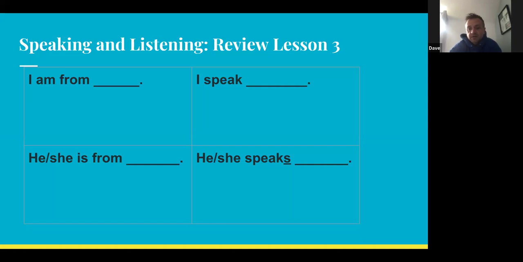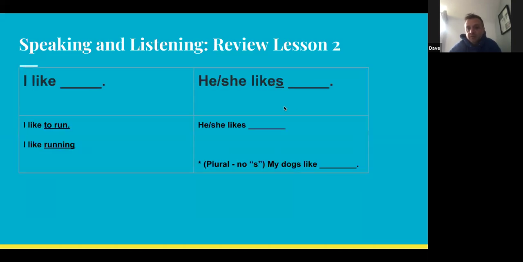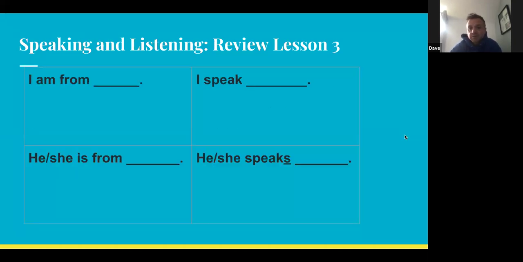And then just like in this slide back here, where it's he or she likes, it's the same thing. It's with the verb. He speaks or she speaks. Because it's one in the third person, we add the S to the verb. He, she speaks English. He or she speaks French. He or she speaks English and a little bit of Spanish. Okay.